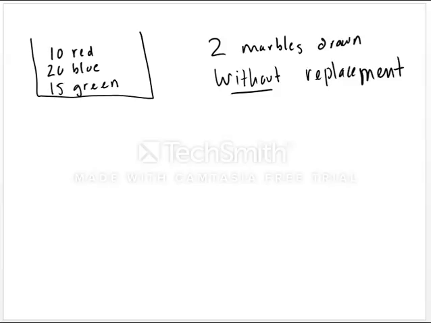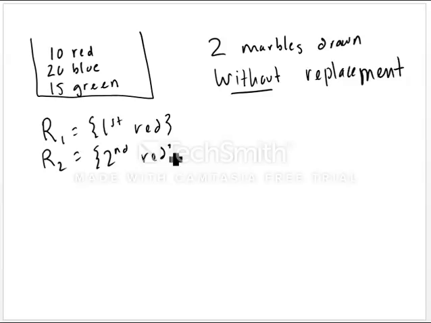Okay, so first we need to define some events. Let's call R1 the event that the first is red, and R2 is the event that the second is red. Then the probability that both are going to be red is the probability of R1 and R2 both being true.